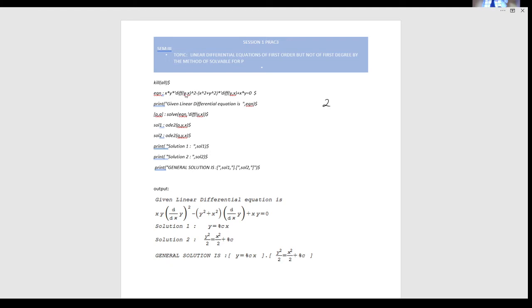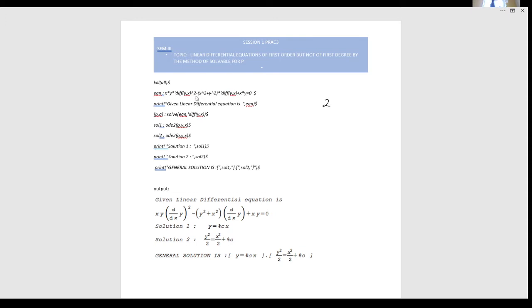This is first order but not first degree, because the degree of this equation is 2. Minus x square plus y square into dy by dx plus x into y is equal to 0. This is the equation I have taken.